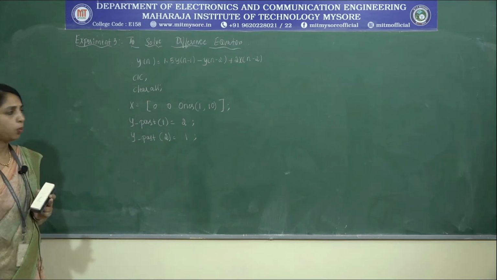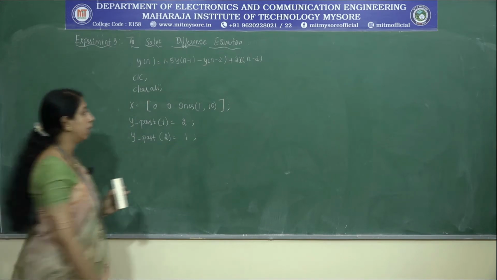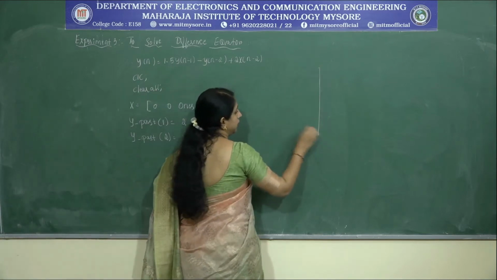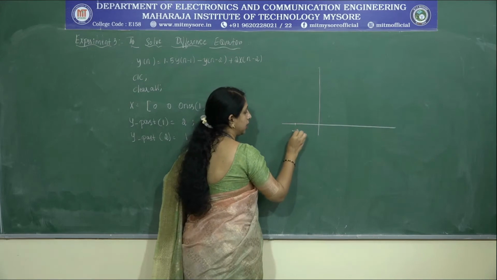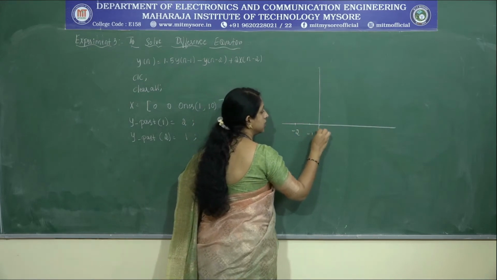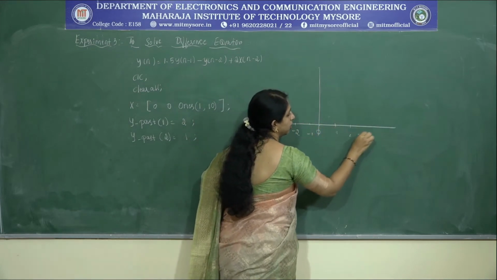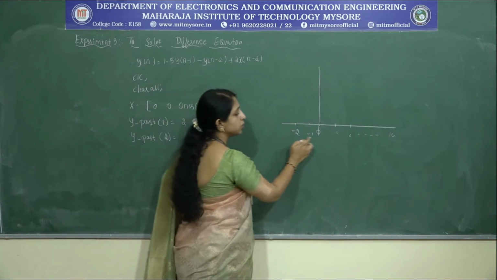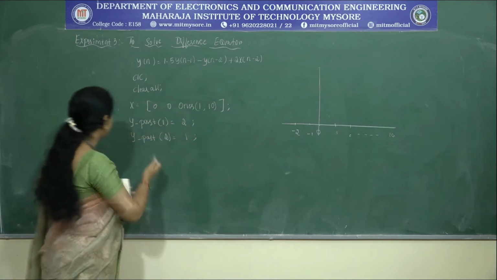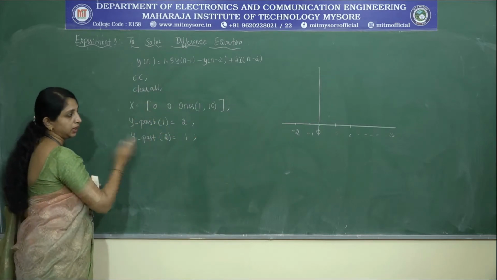Now, where will the output start? The output window will be like this in a figure window: minus 2, minus 1, 0, 1, 2 up to 10. So minus 2 and minus 1 are the previous values, the past values of y.